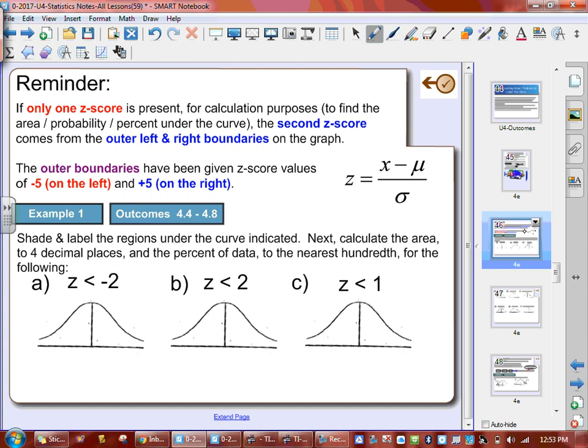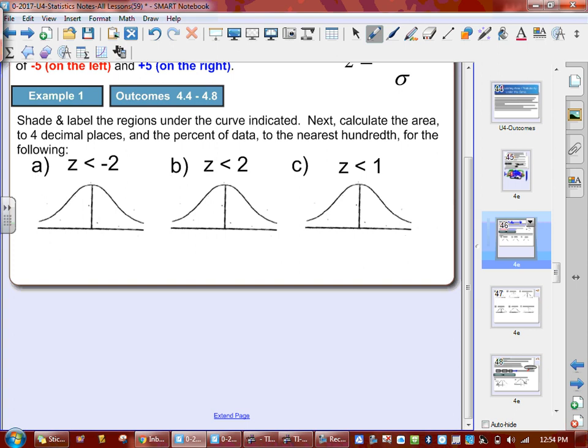Our z-score number line goes from negative 5 to positive 5, which are our outer boundaries. When we have a diagram, we want to shade the regions and find out what they are, and we're going to have the calculator do it for us.